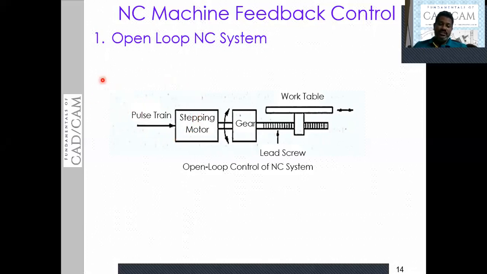The stepper motor receives all those signals, and as per the signals, the gear rotates. In turn, this gear operates the work table. As you can see, the information flows in only one direction.